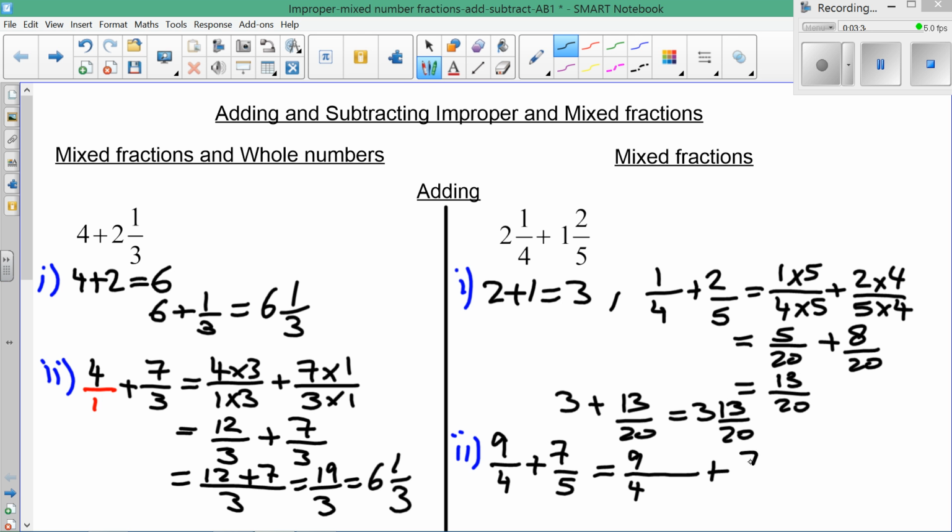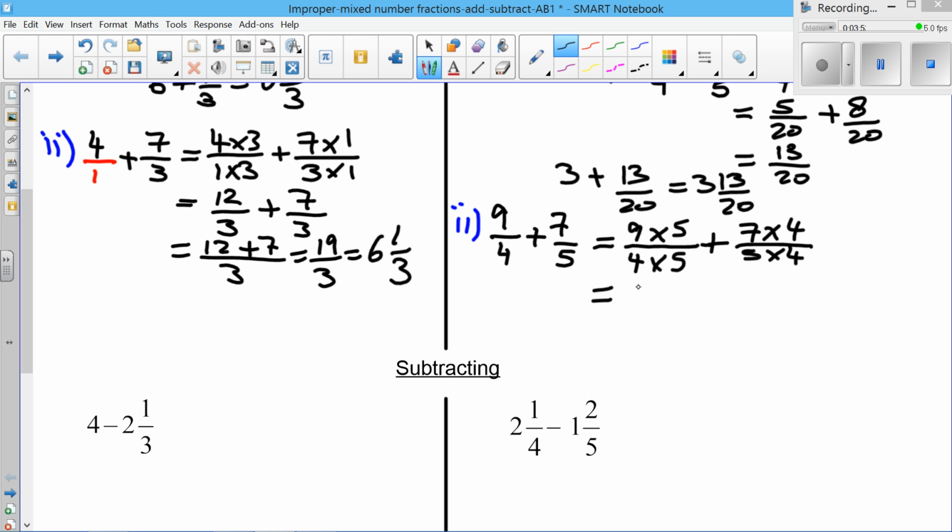plus 7 over 5. The common multiple is 4 times 5, so 4 times the 5. And I do the same to the 9, and the 5 times by the 4, and I do the same to the 7.